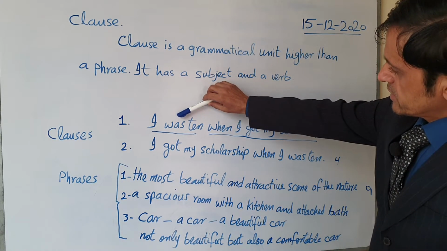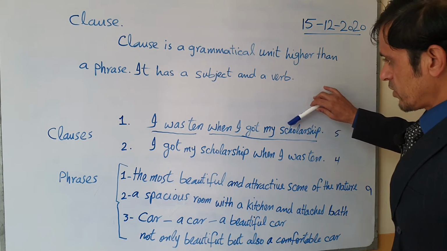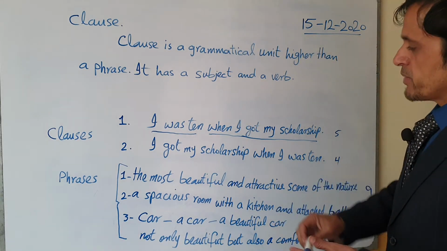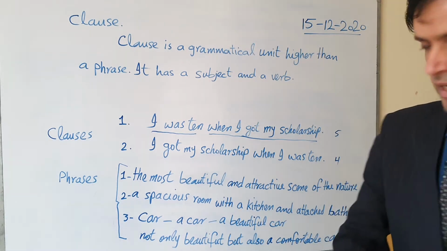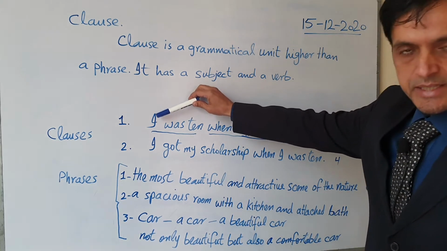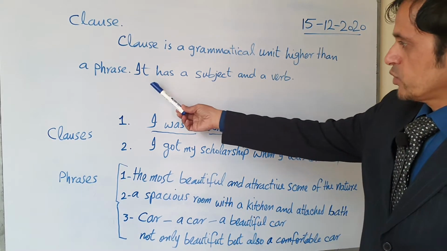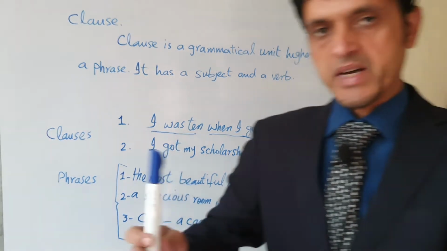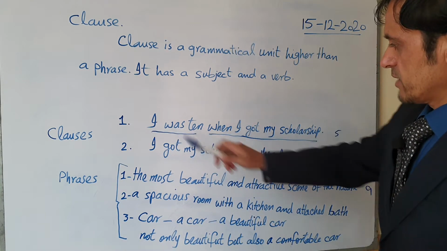This is an independent clause and this is a dependent clause, but both of them are clauses. Why? Because both of them have a subject and a verb. Look at this one. I was 10. I is the subject, was is a verb. A clause must have a subject and a verb, and it has a subject and a verb.